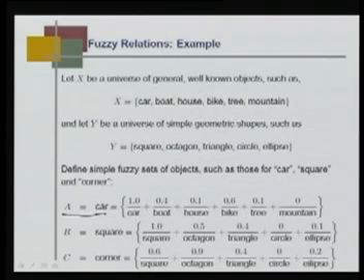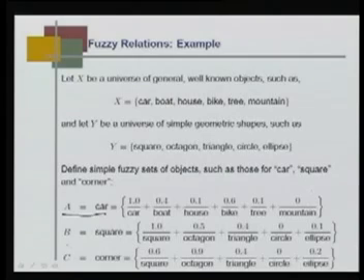A bike may look like a car with fuzzy index 0.6, a little more, whereas a tree has a very little resemblance with a car, with a fuzzy index 0.1, whereas a mountain may not have any similarity with the car, so 0 fuzzy index. So, when I look at all these objects and infer whether they are a car, the associated membership values are 1, 0.4, 0.1, 0.6, 0.1 and 0.